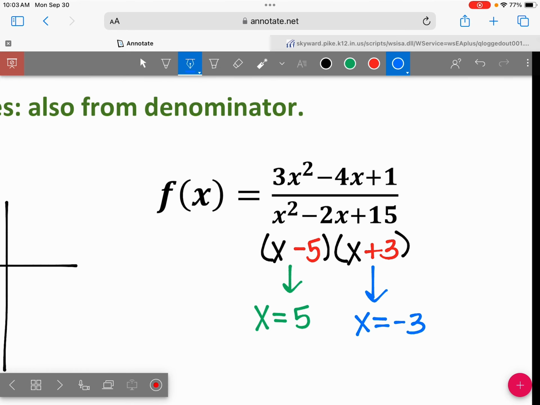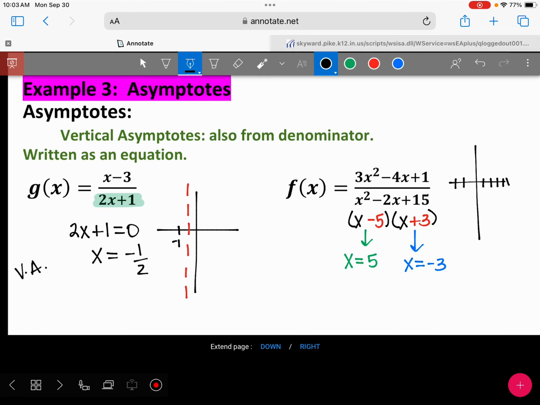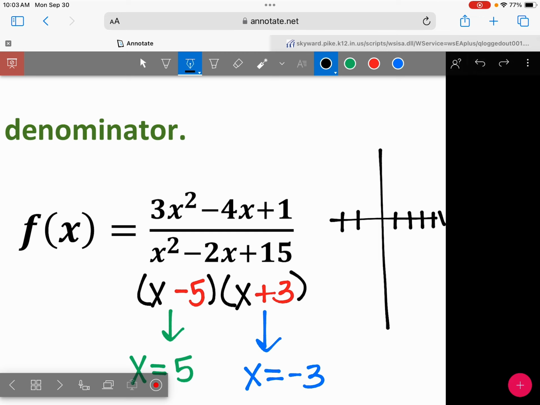So for this equation, when we went to graph it, we would have two vertical asymptotes. And it would be one at negative 3 and one also at positive 5. So it would be one over here and then one over here.